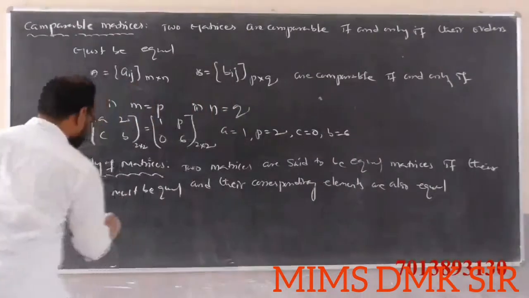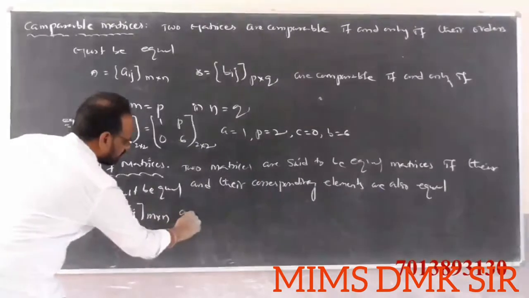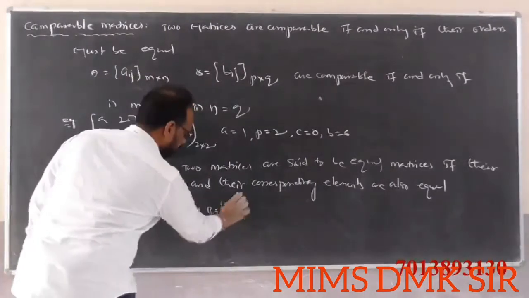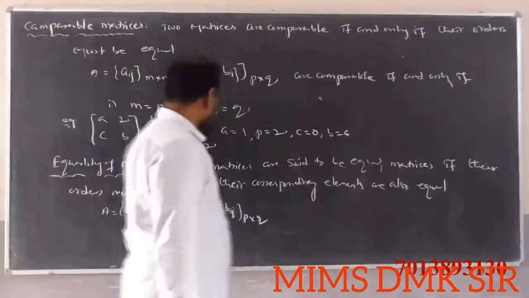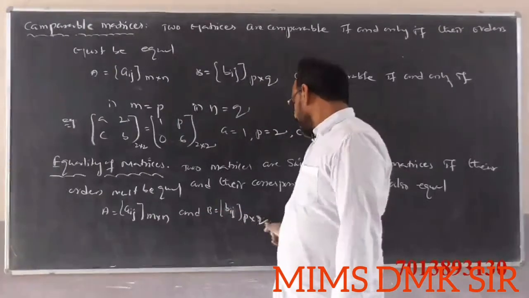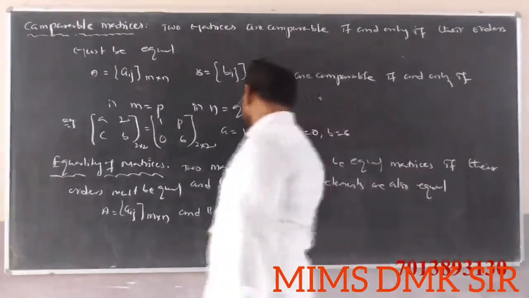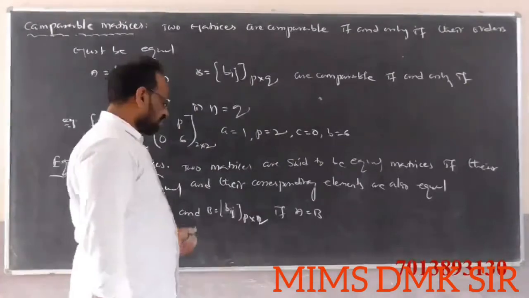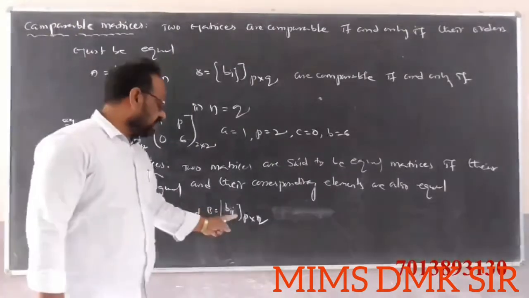For example, if you take A as a matrix of order m by n and B as a matrix of order p by q, both are equal matrices, that is A equals B, if A is an m by n matrix and B is a p by q matrix.